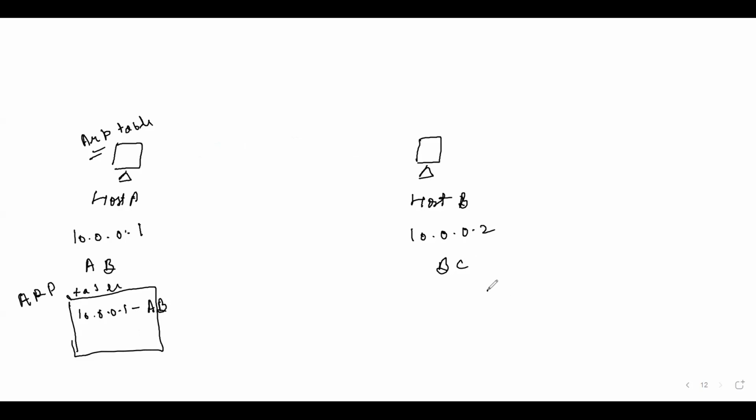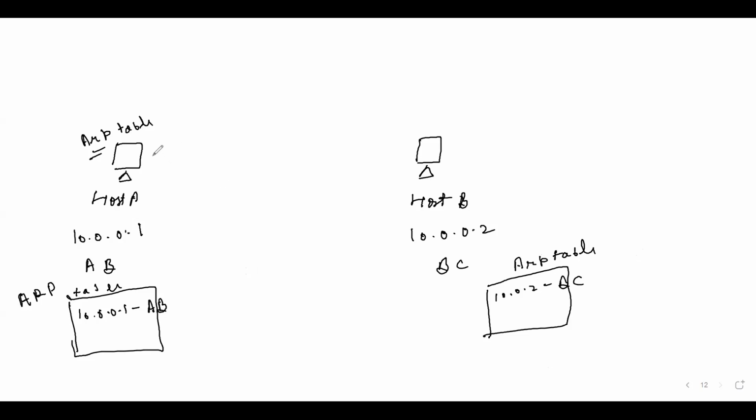This device also has an ARP table: 10.0.0.2 and MAC address is PC. Is it clear? Any problem here? Every device has an ARP table. Simple thing: what is ARP? A combination of IP and MAC, right?